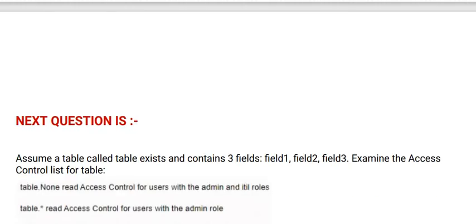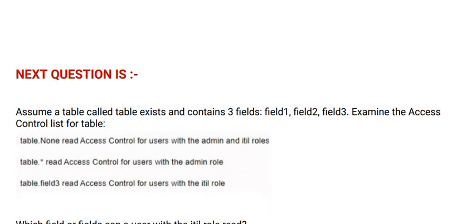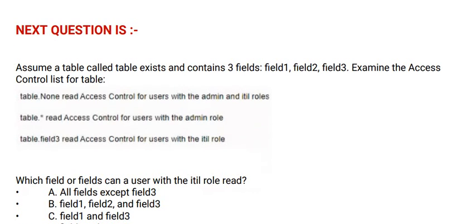Next question is, assume a table called table exists and contains three fields: field 1, field 2 and field 3. Examine the access control list for table. Which field or fields can a user with the itil role read?